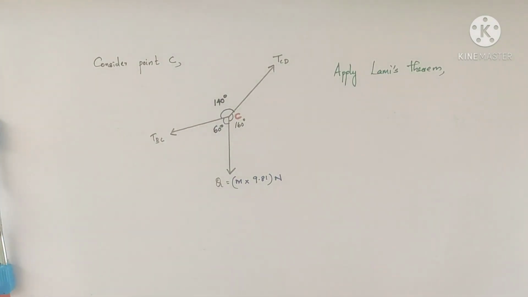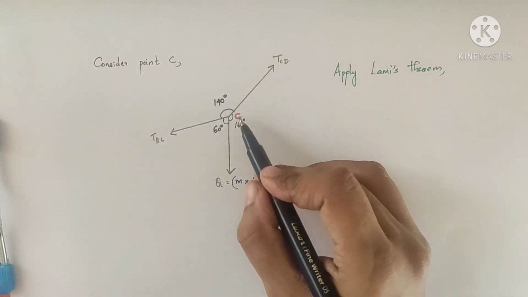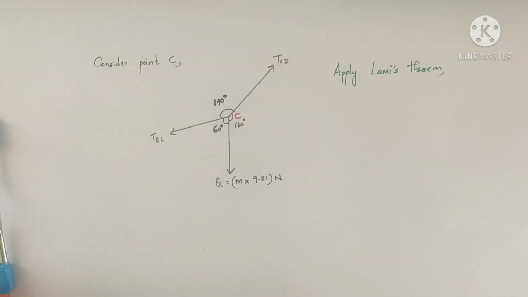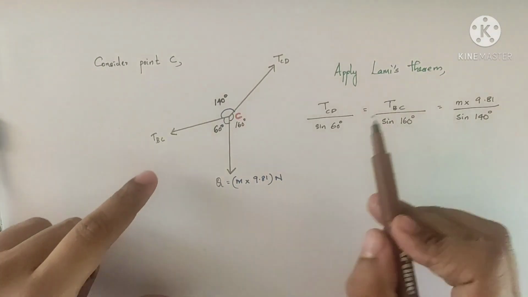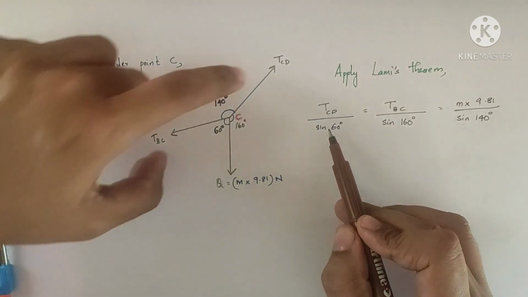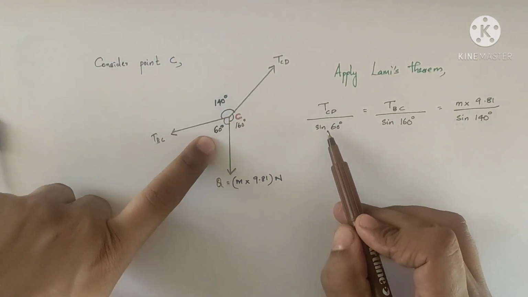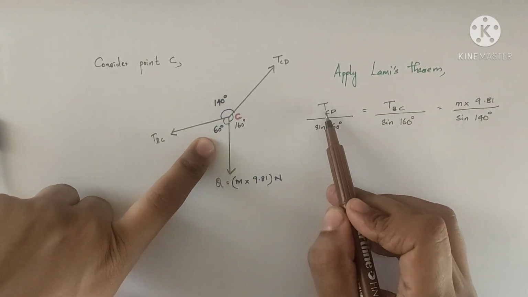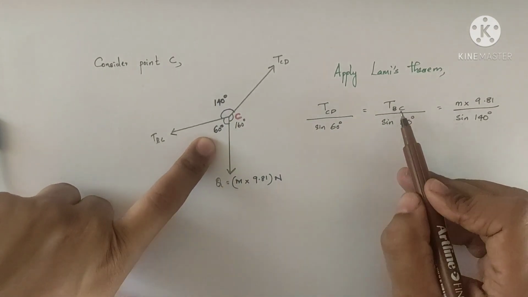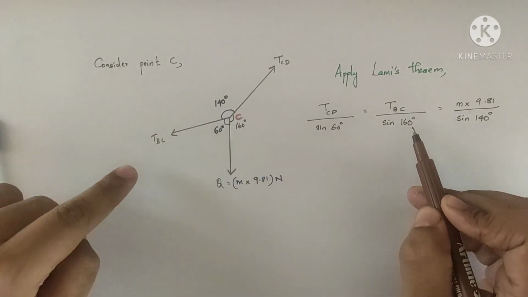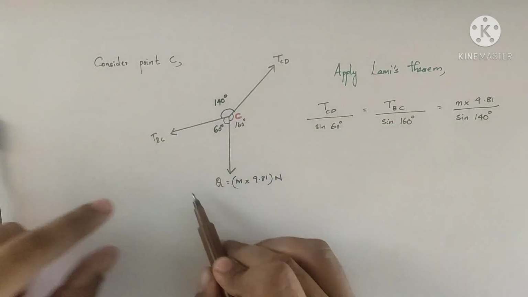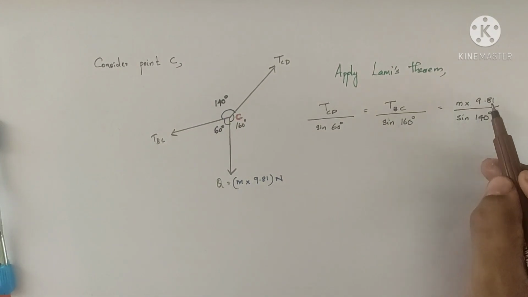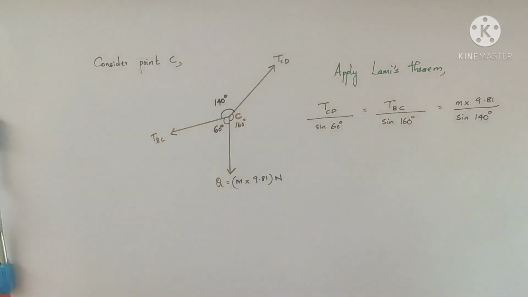Just like we applied Lamy's theorem at point B, similarly we are applying Lamy's theorem at the second point C. So here applying Lamy's theorem, TCD by the angle opposite to TCD 60 degree, right? So TCD by sine 60 degree is equal to TBC by sine, the angle opposite to BC is 160 degree, is equal to the final third force mass into 9.81 by sine 140 degree.